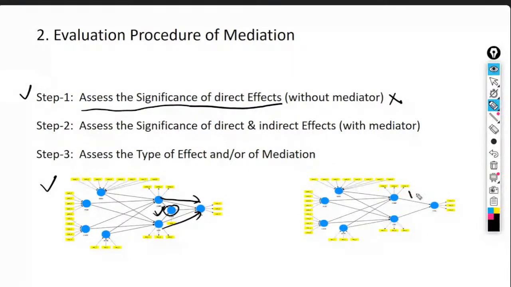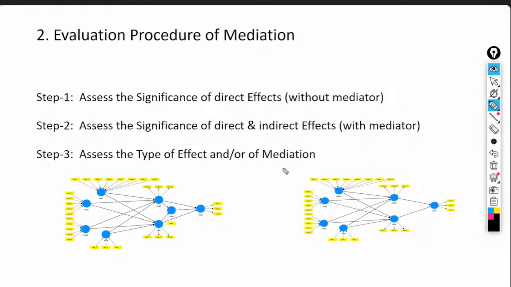So there are two variables. Before the presence of the mediating variable, we should check whether this direct effect is significant or not. If both p values are less than 0.05, then the mediating variable can work. But if it is greater than 0.05, it means there is no mediation according to the Baron and Kenny approach.